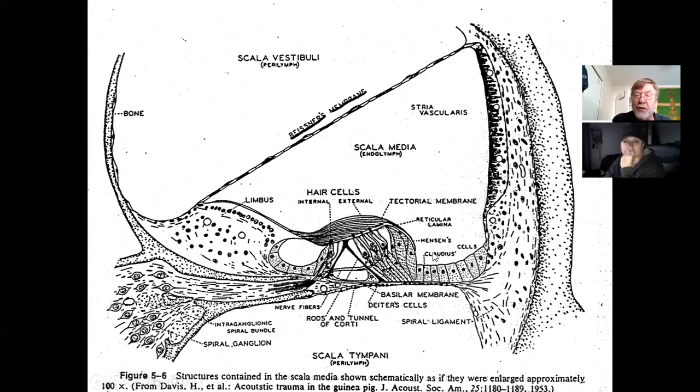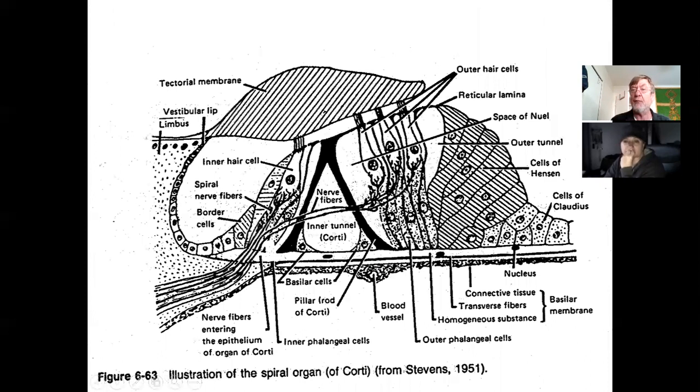And endolymph touches the hairs of the hair cells and fills this area. But what's inside this white area here? Perilymph. Perilymph inside this membranous labyrinth is called cortilymph.